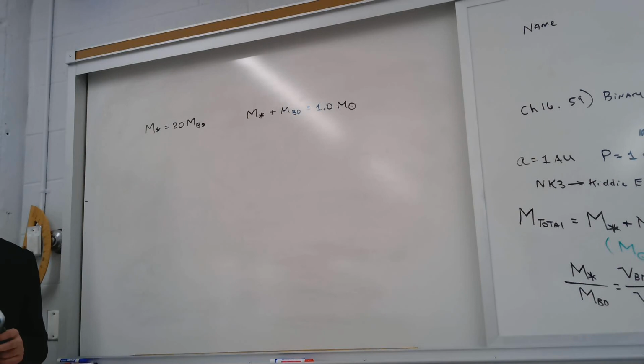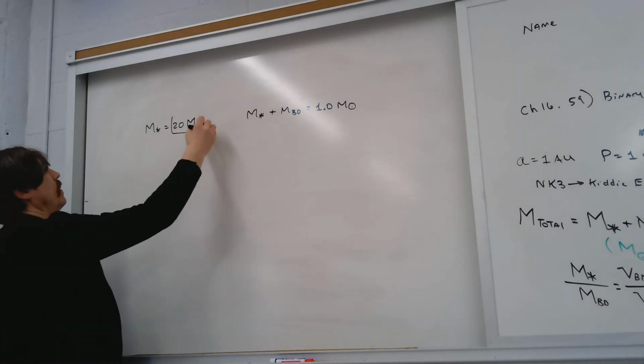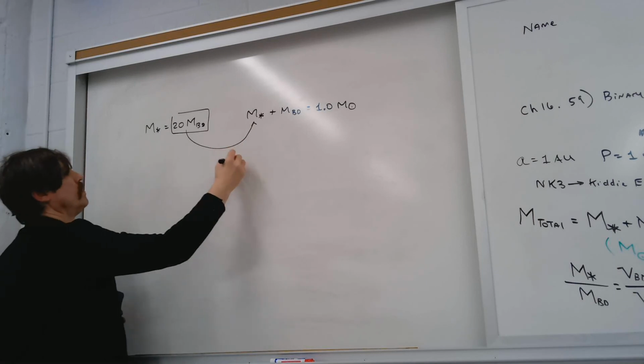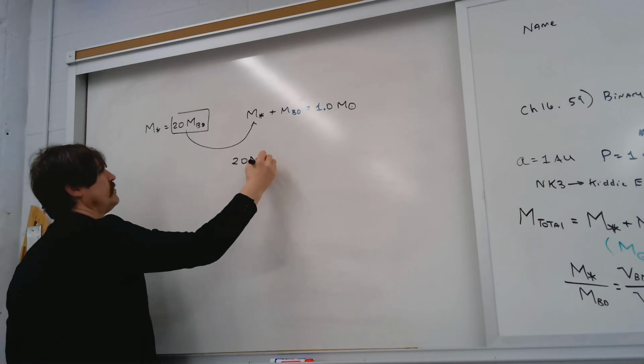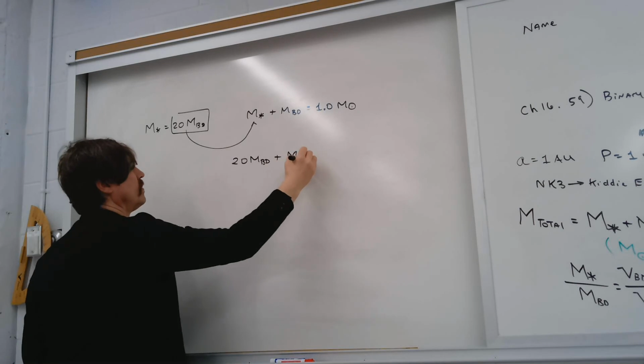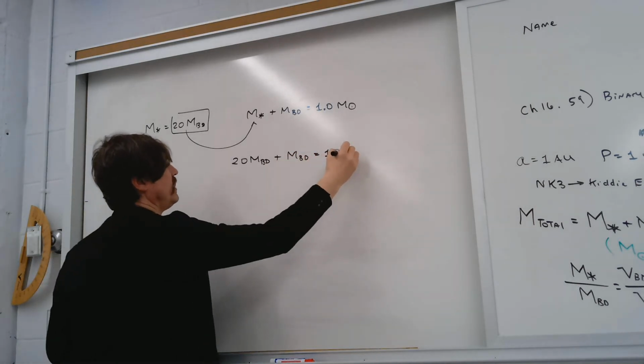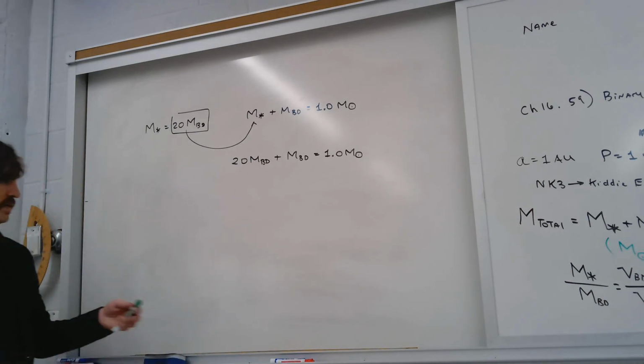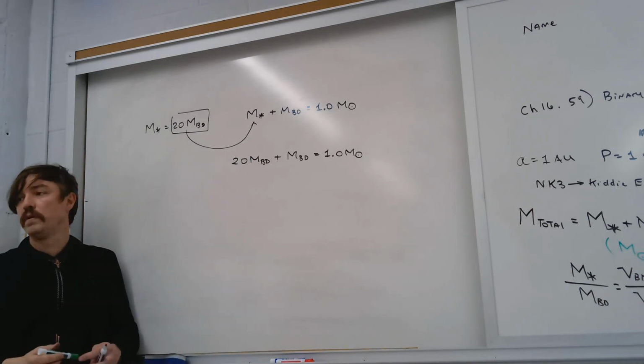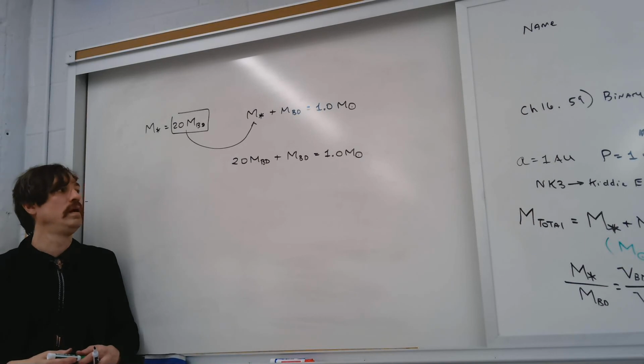Didn't you put in the mass of the star, 20 mass of brown dwarf, plus the mass of the brown dwarf? So what do I do next? This is the critical step. You would have to do the mass of the brown dwarf by itself, so you would have to divide it.